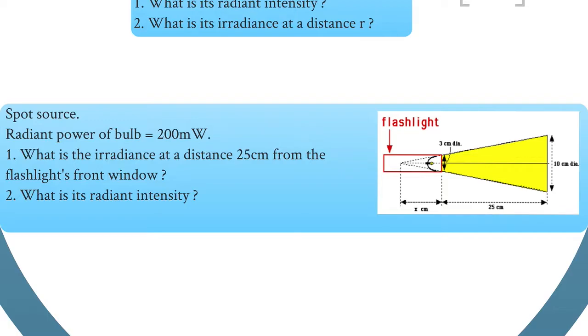So that's the steradian. So 200 milliwatts is basically going into this many steradians, so you take the 200 milliwatts, divide it by this many steradians, and get the answer.